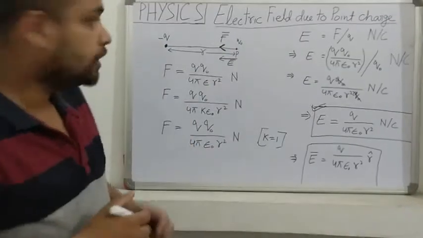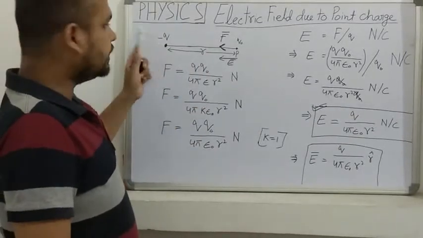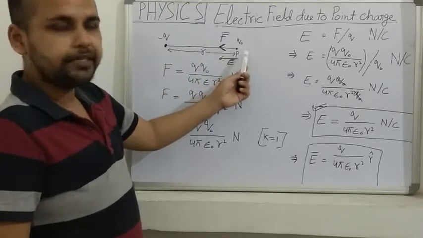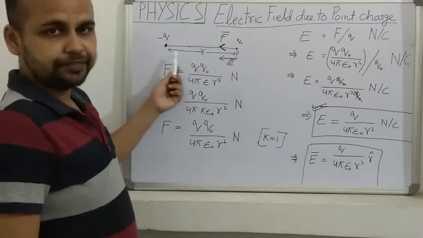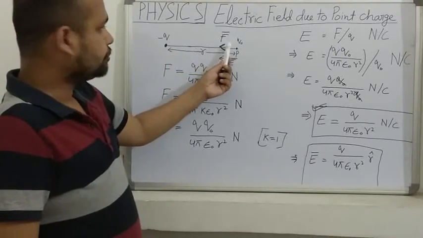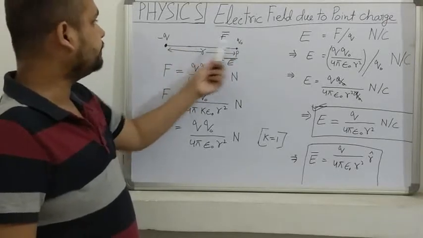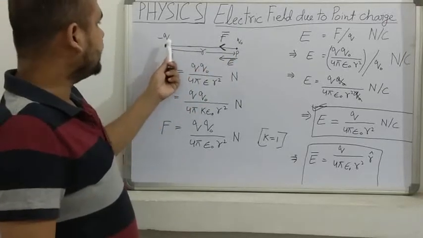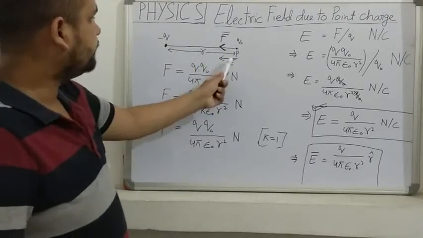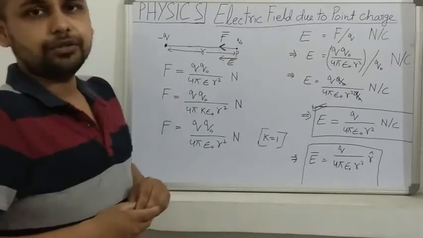Is that clear? So you can see here, if you are taking a negative charge, then due to this negative charge, the electric field at this point P will be towards the negative charge. Because the electrostatic force was towards the negative charge, meaning an attractive force was taking place between minus Q and Q naught, and therefore the electric field will be towards the negative charge, and I have told you this earlier also.